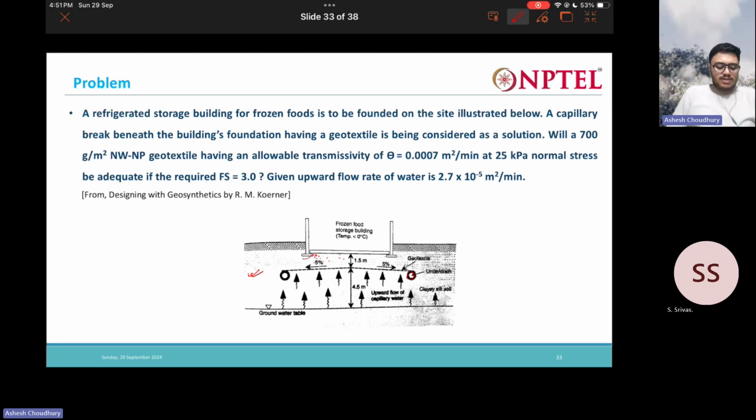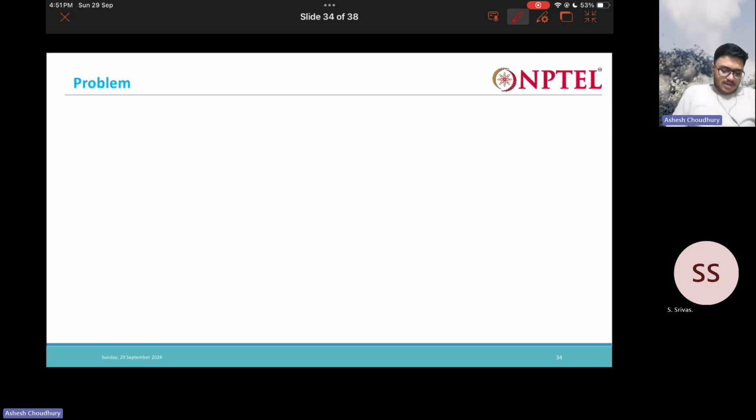So we just have to check whether the given candidate geotextile is fine for this purpose or not. First, again, the flow.